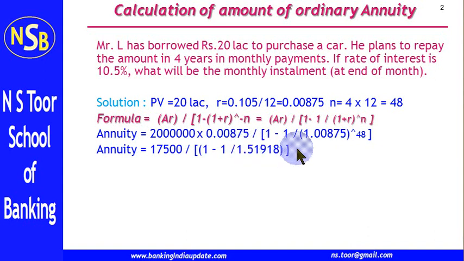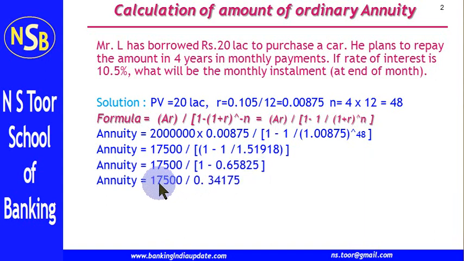Now we shall simplify it further. So 17,500. 1 divided by this amount gives us this value. Now we shall simplify it further. 17,500 divided by 0.34175. So 1 minus this value gives us this value.